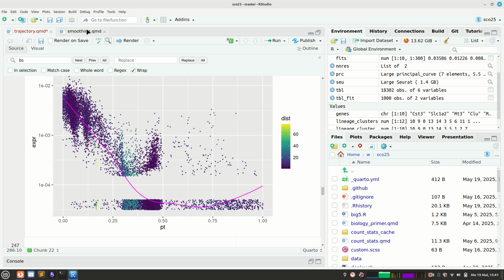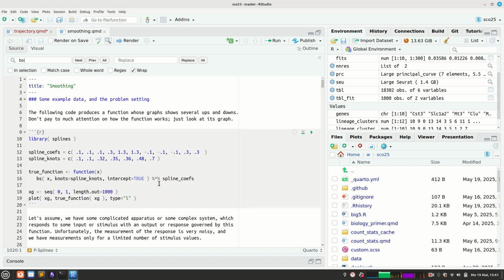And for this, I've prepared that part here. This whole thing is titled smoothing, and it will show you several ways how to do smoothing. And smoothing is an absolutely essential technique in very many areas of scientific data analysis, so it's quite worth knowing a bit about this.